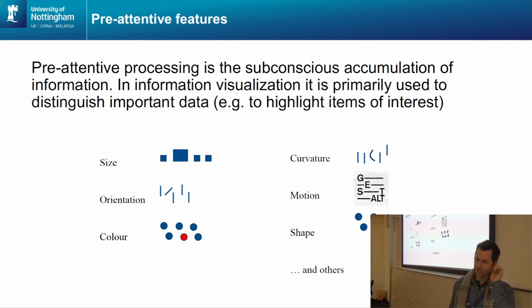That's called pre-attentive processing, the subconscious accumulation of information, being able to perceive things before we're even really aware that we can perceive them. For example, size, orientation, color, curvature, motion, and shape. In other words, imagine I showed you this image for three-tenths of a second, so it just flashed in front of you and disappeared again.